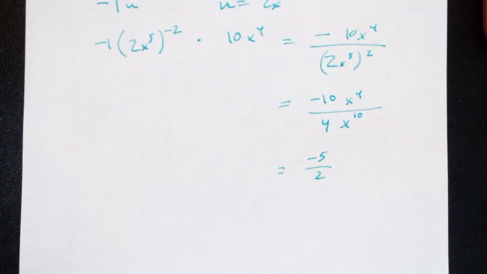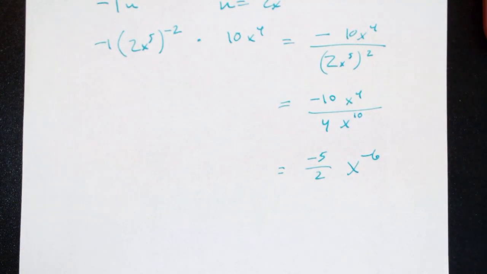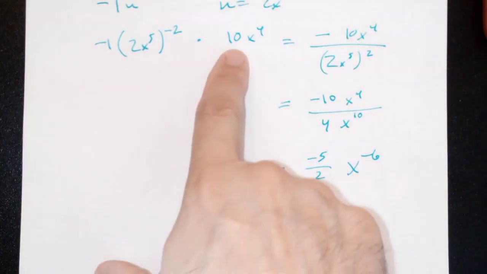What do I do with the powers of x? 4 minus 10. And that is the right answer to that part of the problem. I got this negative times this 10.